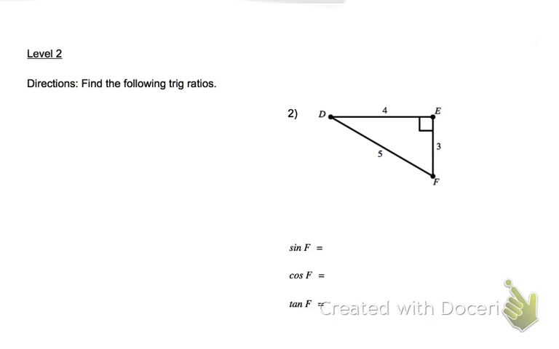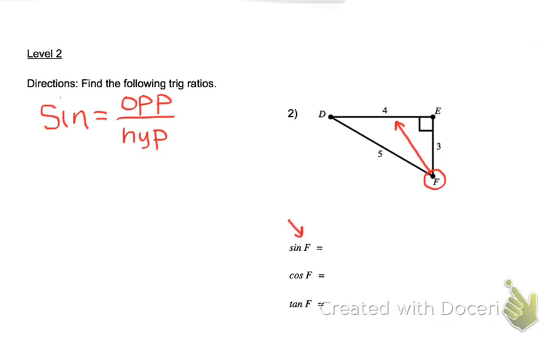Alright, let's see how you guys did. For number 2, we're looking from angle F. From angle F, we're going to start off with sine. So I'm going to do opposite over hypotenuse. Opposite of angle F would be 4.